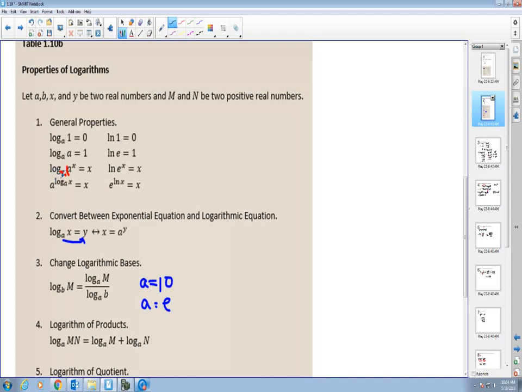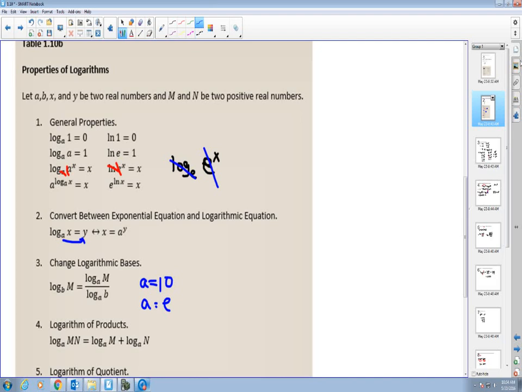The log base a of a to something, if they're the same, they cancel each other out. Same thing with the natural log here. The natural log and e cancel each other out, because technically the natural log is a log with the base e of e to the x power. So the two e's cancel each other out.